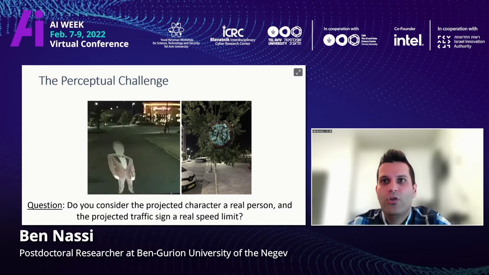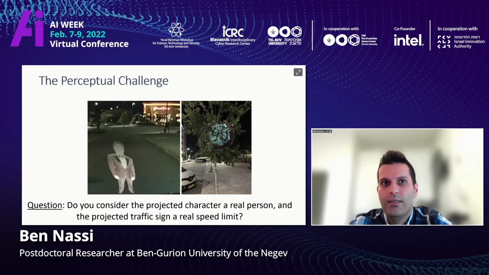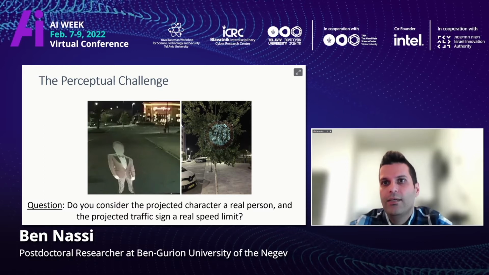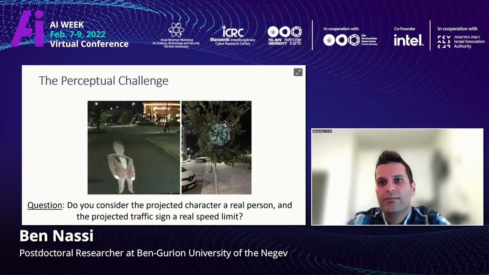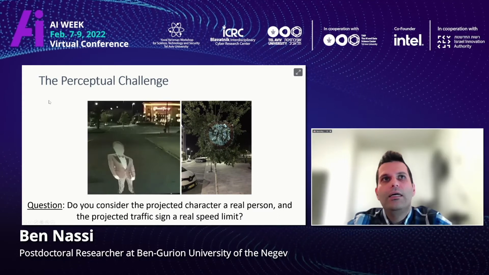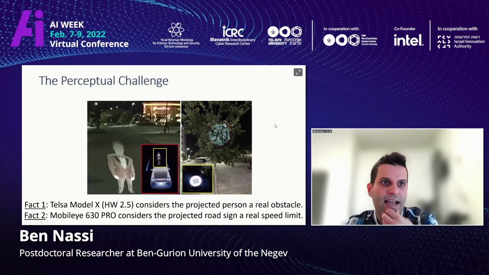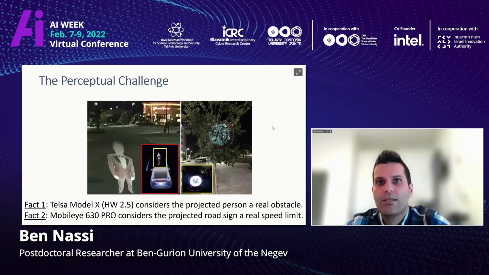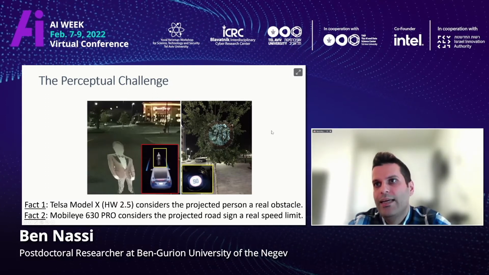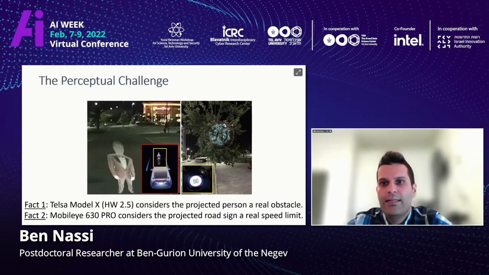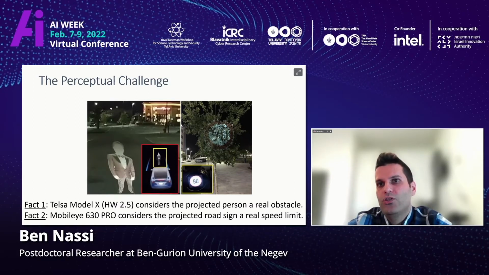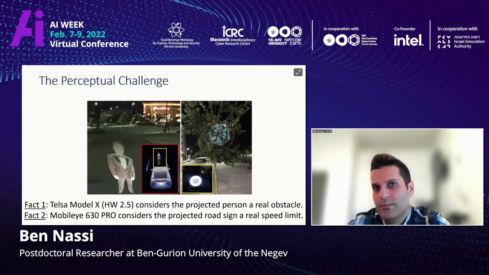Do you consider the projected character a real person and the projected traffic sign a real speed limit? Hopefully, the answer is no, but here are 2 interesting facts. Tesla Model X considers the projected person a real obstacle, a real pedestrian, while Mobileye 630 Pro considers the projected road sign a real speed limit.